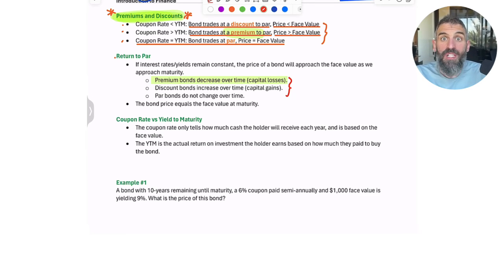Because a bond that has a 20% yield to maturity means you're going to make 20% per year return on your investment. But a bond that has a 20% coupon rate means you're going to get paid 20%, but that's not necessarily a good thing, because what if you paid a lot for that bond? So the yield is the true marker of how much you're earning on your investment. That's what a return on investment is.